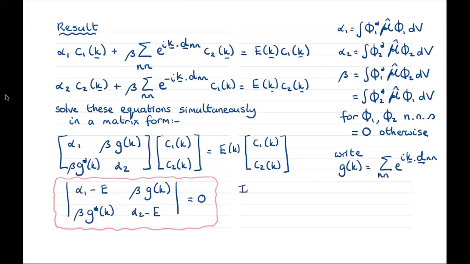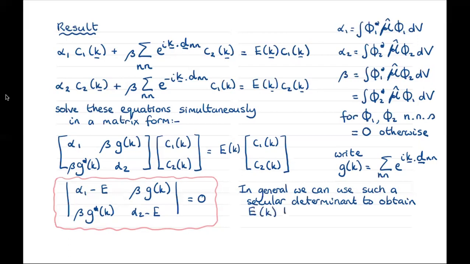And so in general, we can use such a secular determinant to obtain the band structure, to obtain the energy as a function of k, which is very convenient.